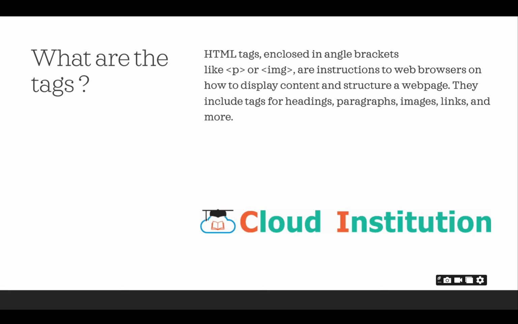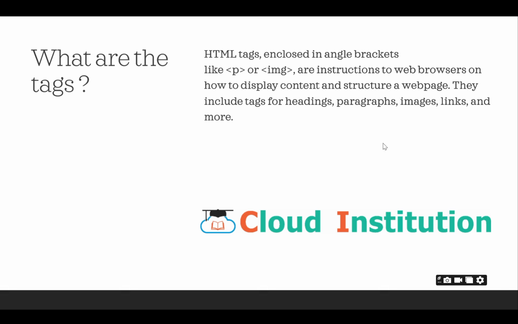Tags are enclosed in angle brackets, like you can see the p tag and the image tag. We also have a start tag and an end tag. Within the start tag and end tag, we write the elements to display. These tags give instructions to the web browser to display the content and the structure of the web page.